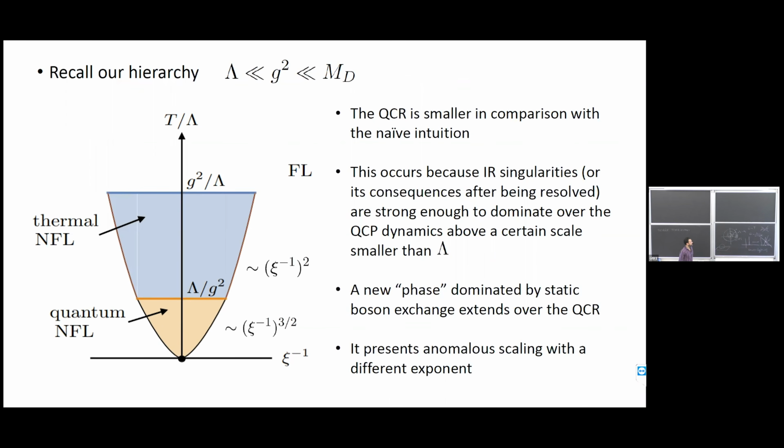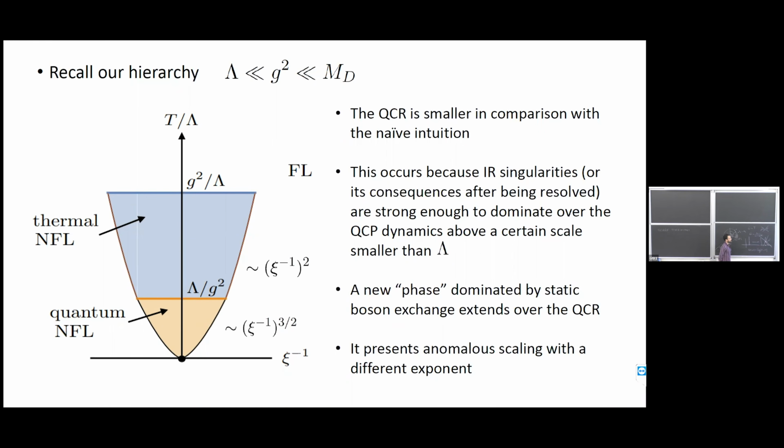This physically can be seen as a remnant of IR divergences, because even though they are regulated now, they are so severe that even after regularization, they destroy the quantum critical scaling at energies below lambda, which is the quantum critical typical energy.